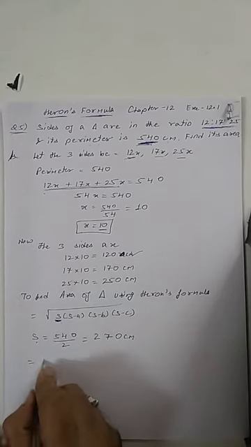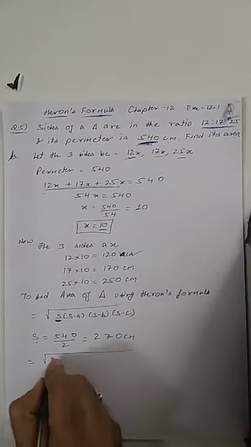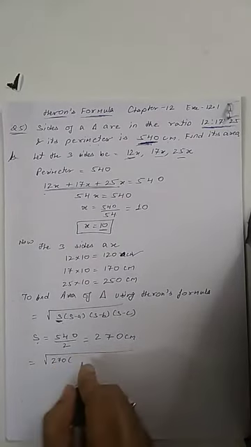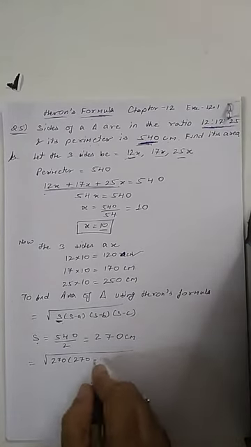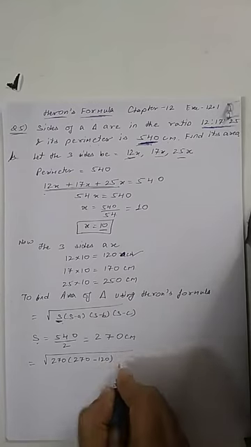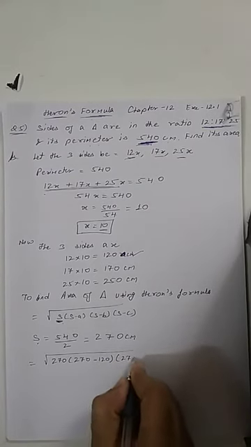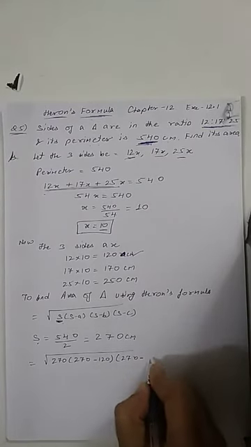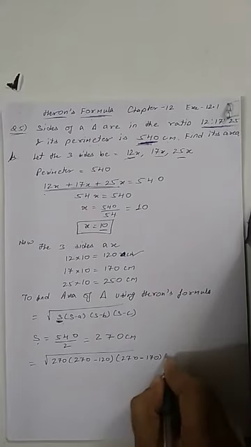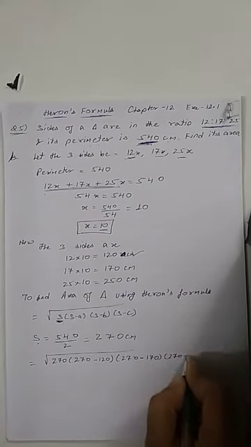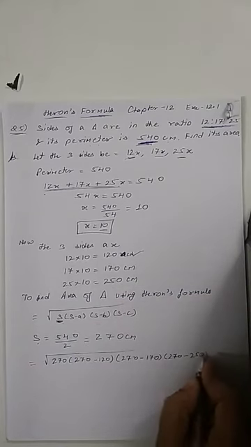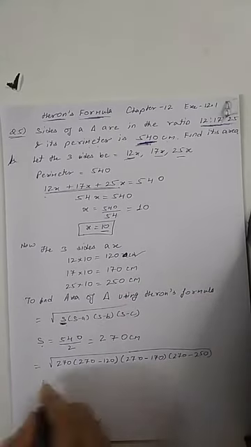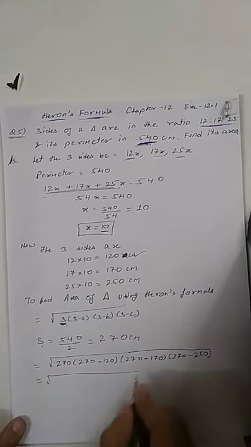So equals to under root 270 inside the bracket, 270 minus 120, 270 minus 170, 270 minus 250.